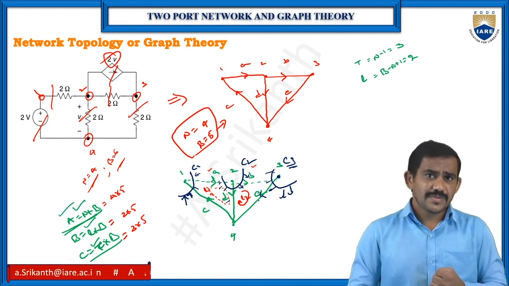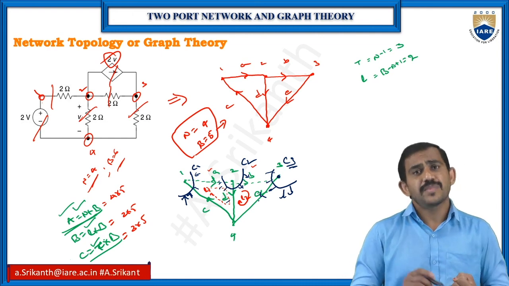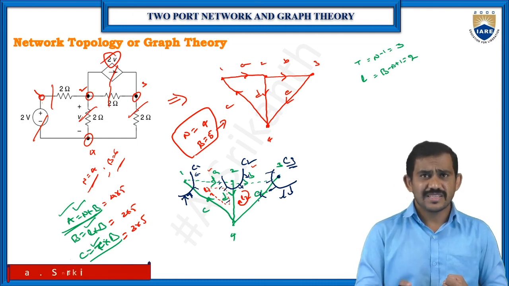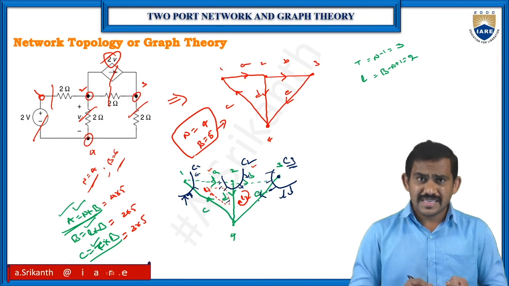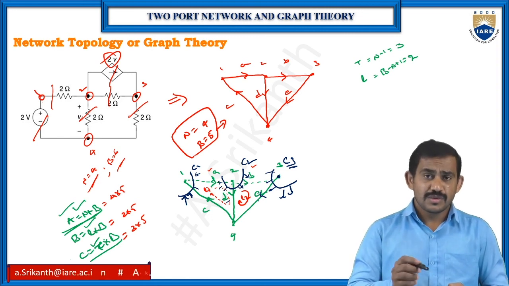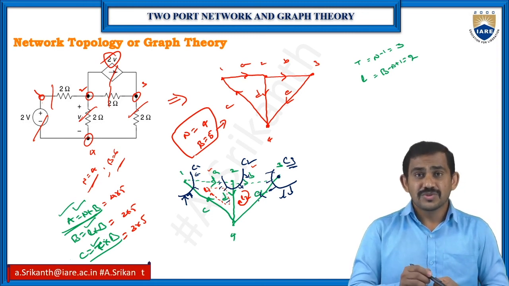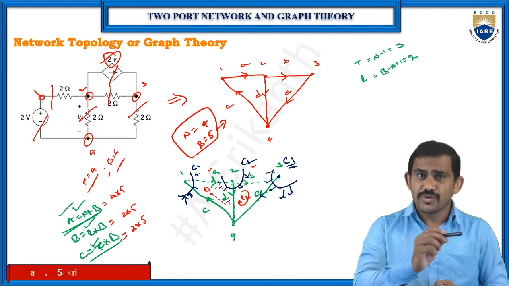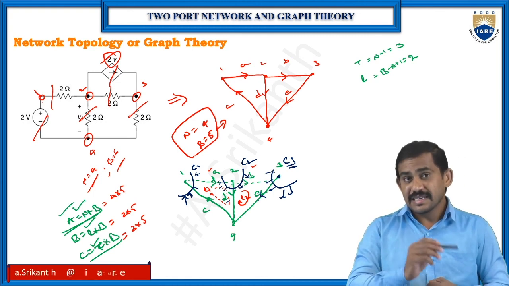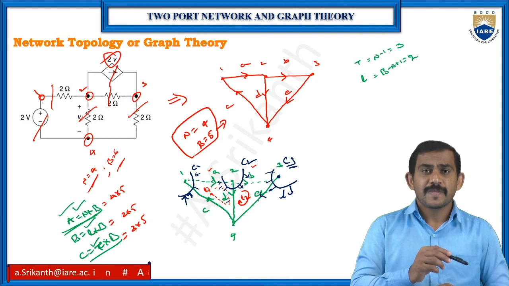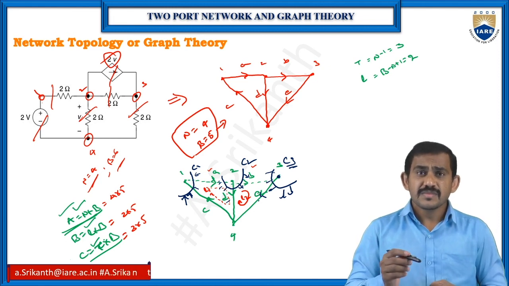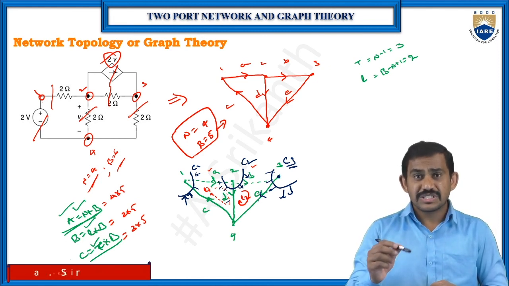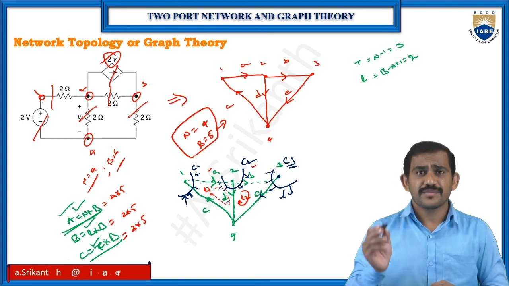For the incidence matrix, we require number of nodes, branches and direction. That is enough for the A matrix. Coming to the B matrix, we require co-trees, for co-tree and loop. Using only one co-tree link, we go for the loop. The remaining branches are trees. Then go for the loops, find the loop direction, and write the B matrix.